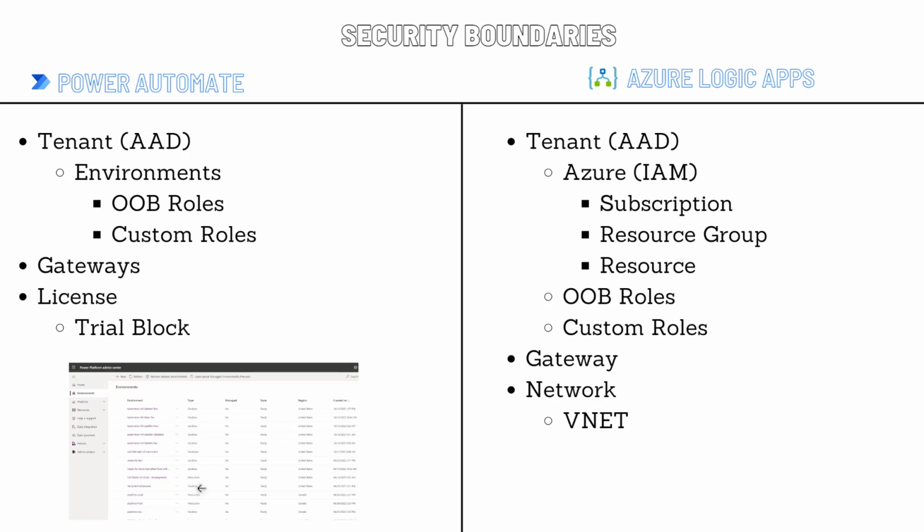Now, when it comes to Azure resources, we've got roles that can be assigned to those resources. So out of the box, these are roles that are established by the Azure product groups that provide some capabilities. So for example, in Logic Apps, maybe you have an operator role that allows you to read and see the status of resources, but you can't go ahead and say modify them.